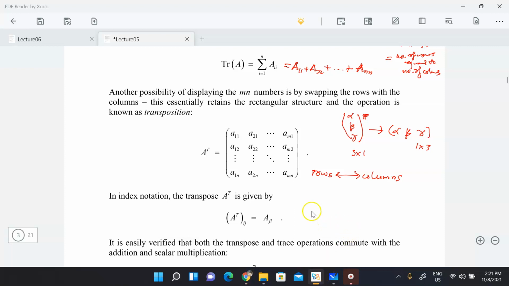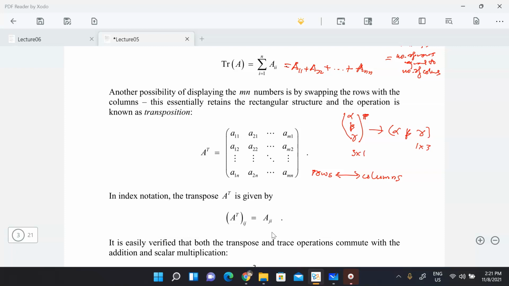So in the case of this index notation, your transpose becomes, since we convert your row into a column and column into a row, then your index notation will get swapped. I remember the first position corresponds to the row and the second position corresponds to the column.